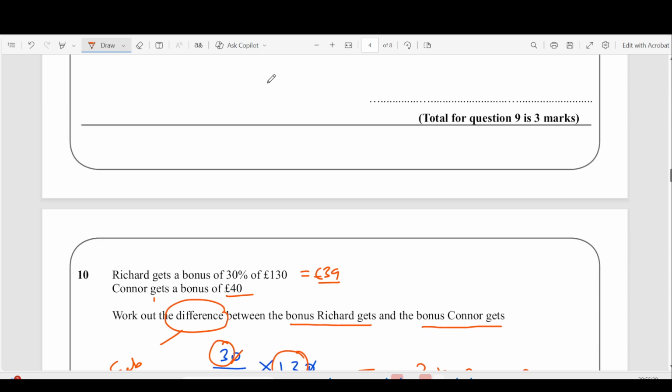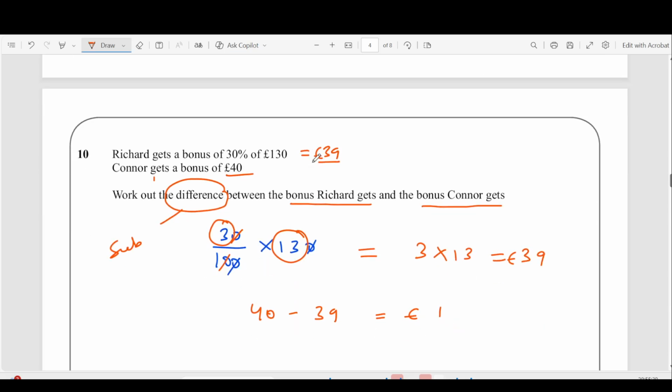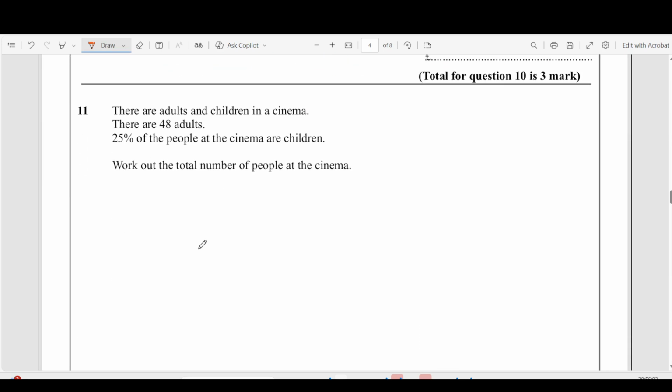So altogether the bonus is like 79 euros, and Richard gets a bonus of 39 euros. So what is the difference? It is asking you to work out the difference between these two. Yeah, the difference is 1, right? 40 minus 39, which is 1. Difference means you need to subtract. Read question number 11 and try it.